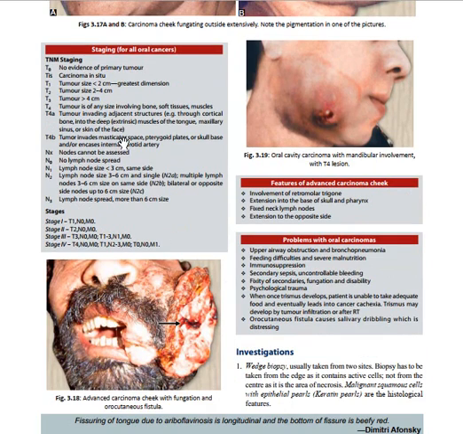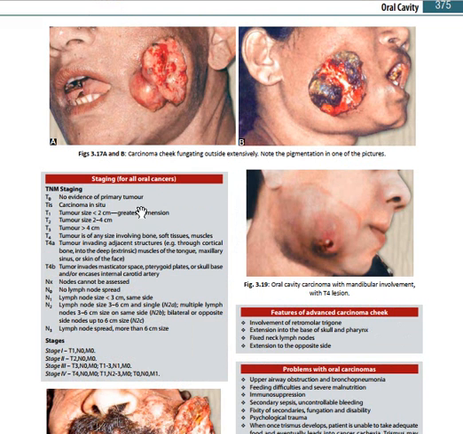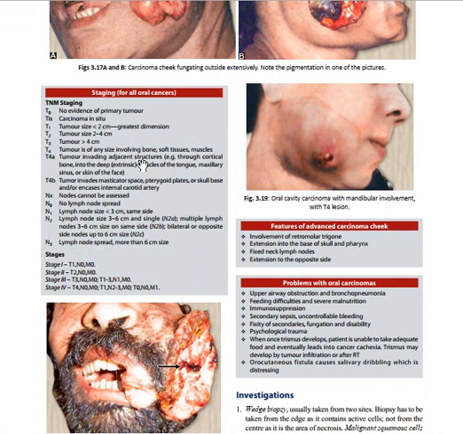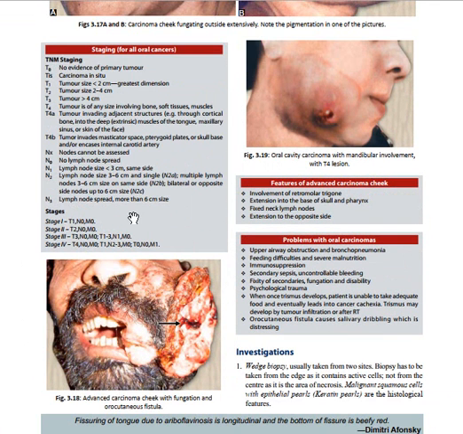Now the staging, generally like for all other cancers, is done with the TNM classification. If you want to have a look, just pause it and visualize it all.